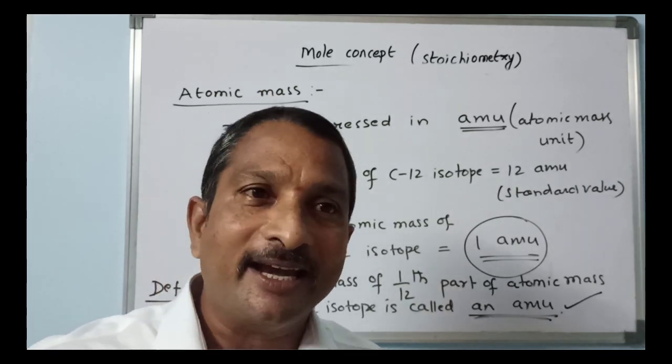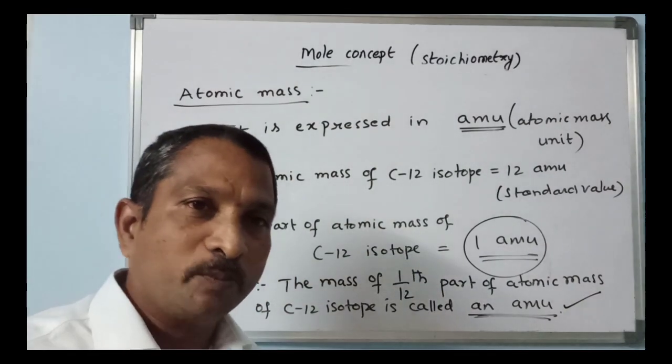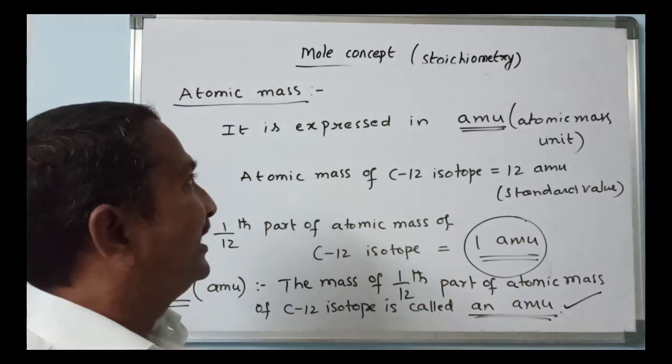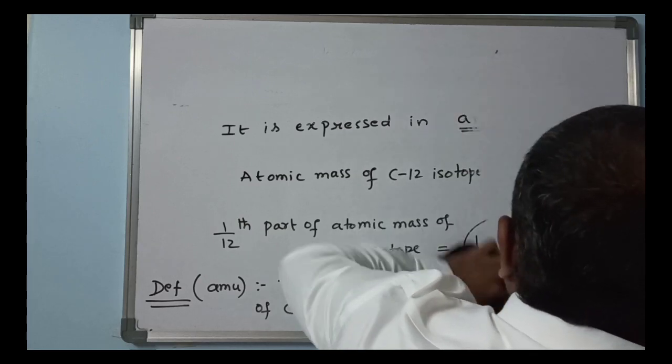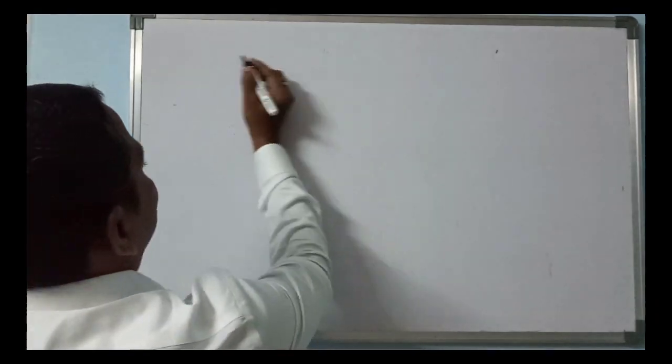How can we calculate atomic mass of known elements using this AMU? Now I am going to explain how atomic mass of elements can be calculated from this value. See. Let us consider oxygen atom.